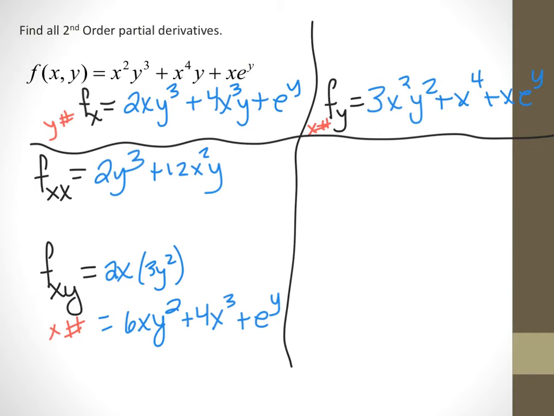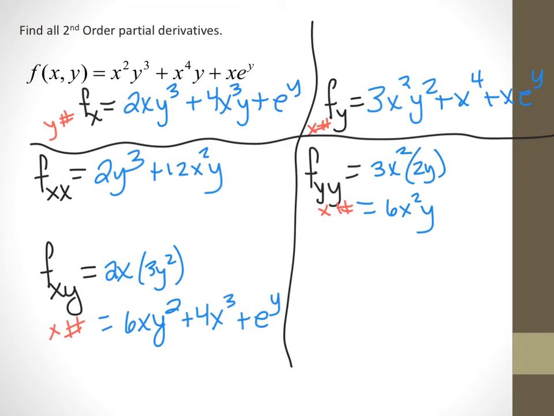Let's go ahead and keep going. Over here, let's now take the second order partial derivatives. Let's do it with respect to y again. X is just a number. And on this first piece, x is just a number, so the 3x squared comes along for the ride. So we get 3x squared. And then the derivative of y squared is 2y. Let's go ahead and rewrite that. 6x squared y.